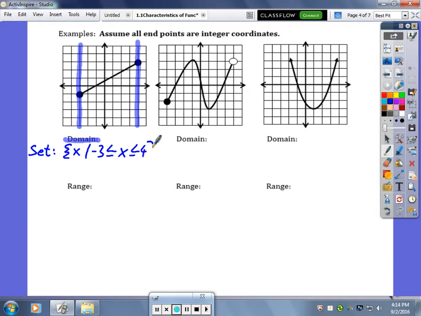Again, less than or equal to, because the circle is a closed circle. In interval notation, we would write it like this. Since we do have a closed circle, we're going to use a bracket, negative 3, comma, positive 4, closed bracket.